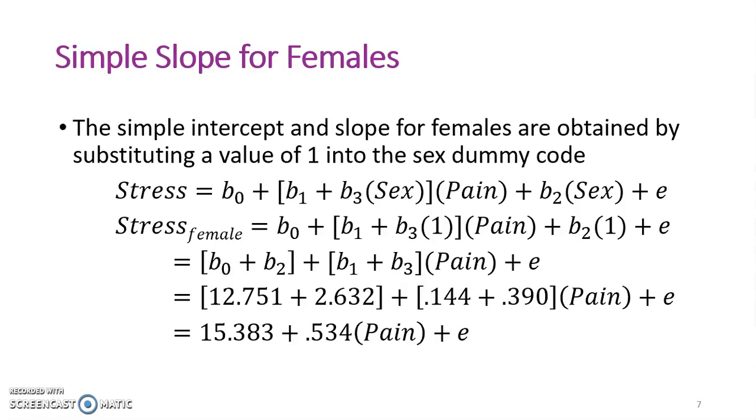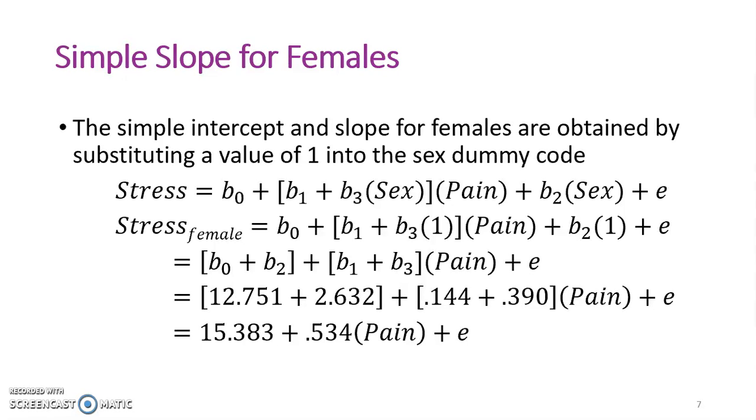It's 15.383 because we've had to add the B2 coefficient to the intercept. And then we see that the pain coefficient is 0.534 because we've had to add the B3 coefficient to pain. So that is essentially the slope relating pain severity to stress. And it's higher for females than for males, which is what we would expect to see.